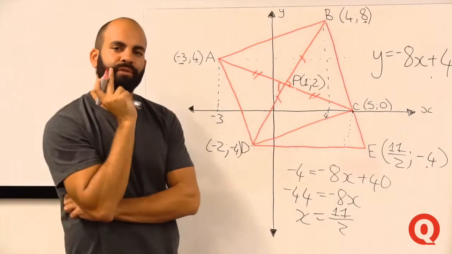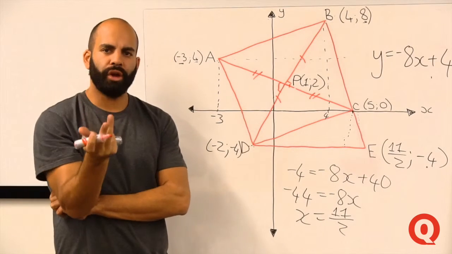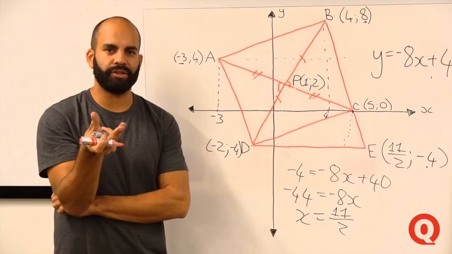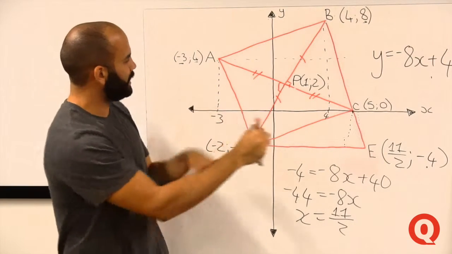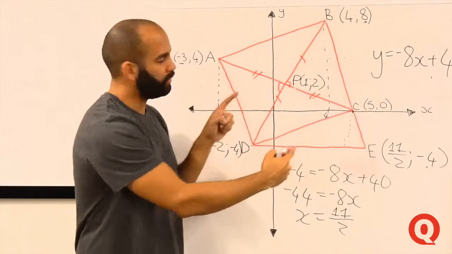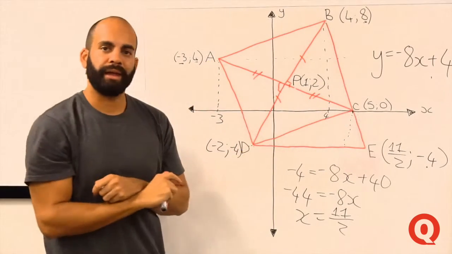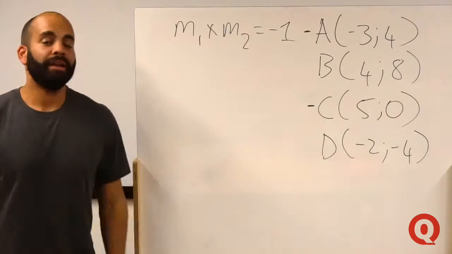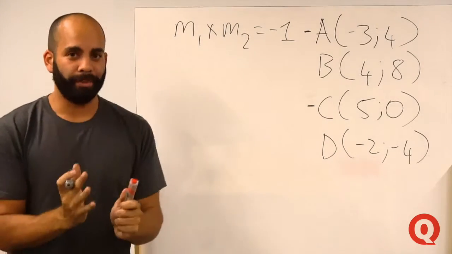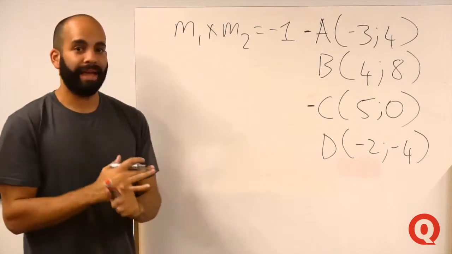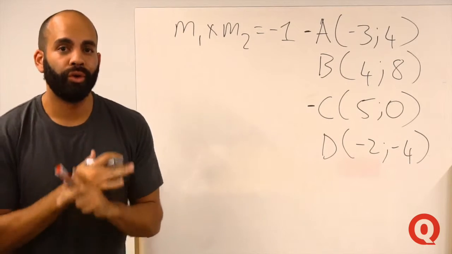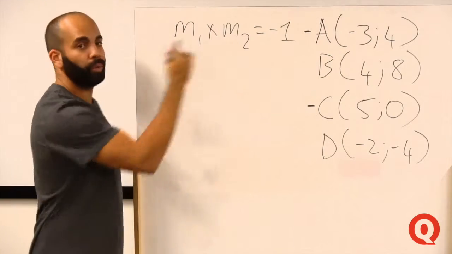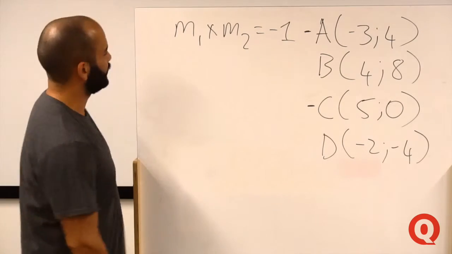So how would you prove that they're perpendicular? Well, you know that the two gradients are negative inverses of each other. So let's find the gradient for AC, and then we find the gradient for BD. So in order to prove that it's a rhombus, you would want to make sure that the product of the two diagonals, or the gradients M1 and M2, would be equal to -1.